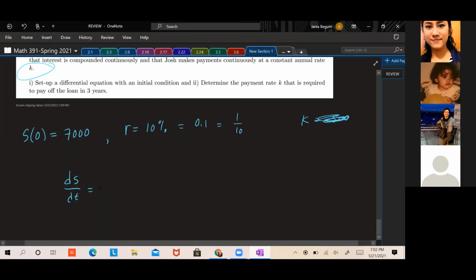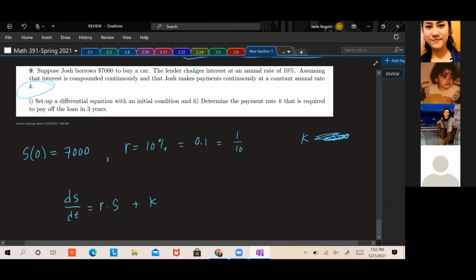So we have R. Go ahead. Yeah, okay. For this one, I didn't know which one to use, but I used the deposit one, so I used RS plus K. Why plus K? Because for my initial condition, I put S0 equal to negative 7,000. Oh, okay.